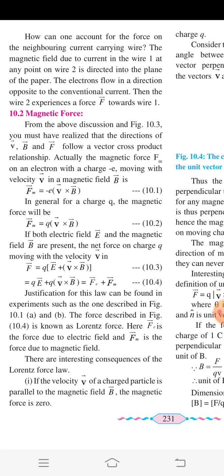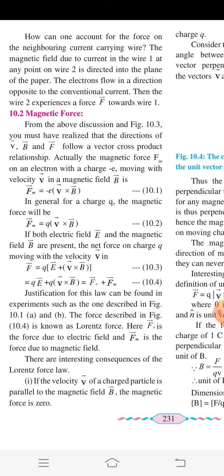The first one is, if the velocity V bar of a charged particle is parallel to the magnetic field B bar, then the magnetic force is 0. Equation 10.4 gives us the Lorentz force, and this Lorentz force law has some consequences, in which the first consequence is, if the velocity of the charged particle is parallel to the magnetic field B bar, the magnetic force is 0.